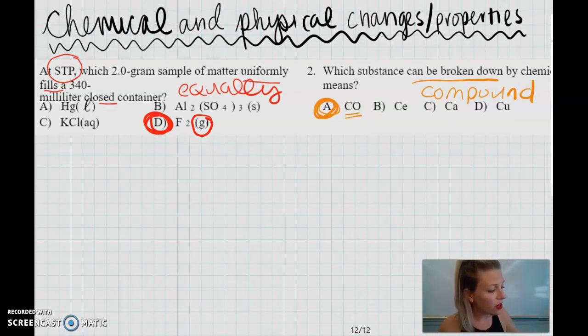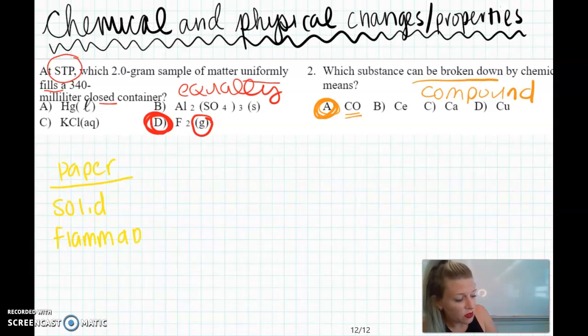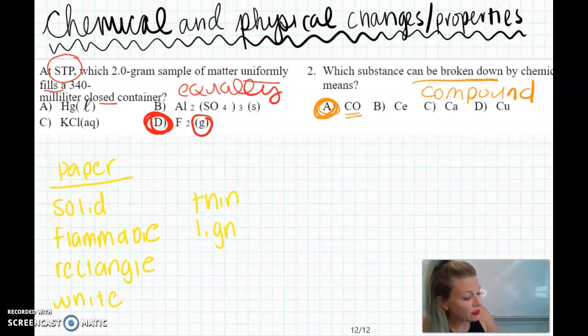So here are just a couple of the properties that my students from last year came up with. Feel free to add them to your list. So for the paper, the properties that they came up with were that it was solid, it is flammable, it is a rectangle, it is white, it is thin, it is lightweight.